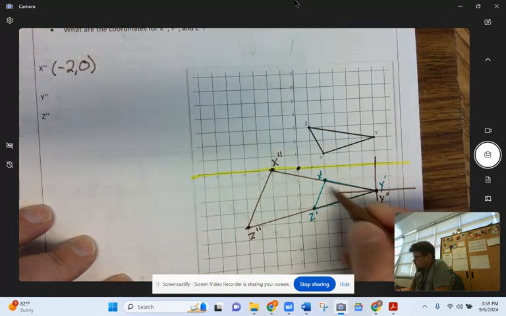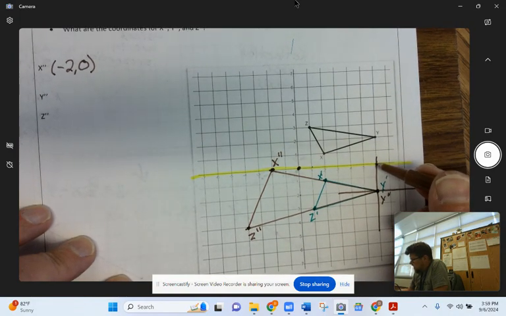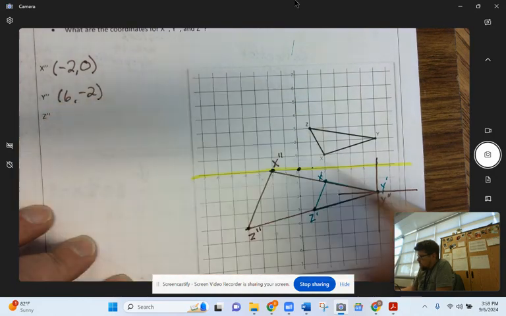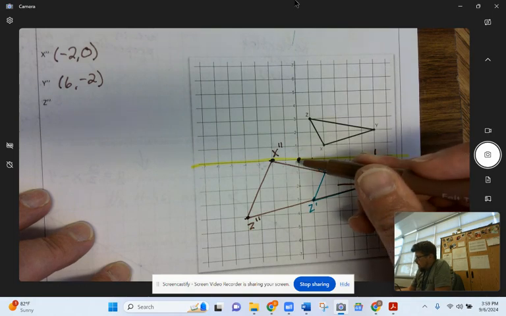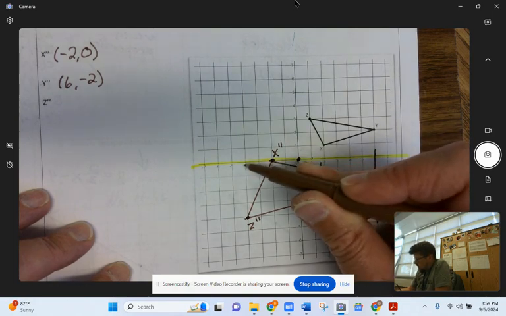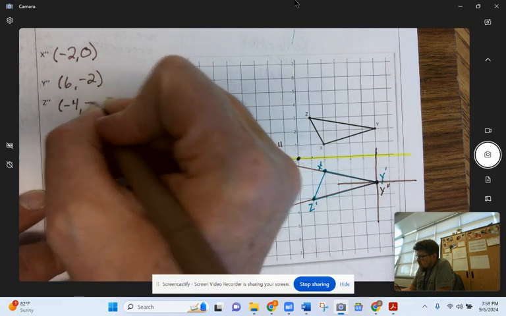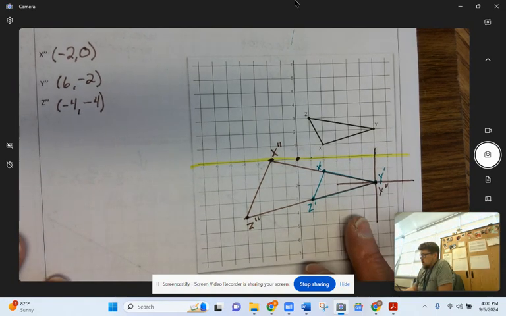And then y prime is, again, from here, right 6 and down 2. So 6, -2 for y double prime, the same point as y prime. And then, let's see, left 4, down 4 for z double prime, okay? Yeah, that's kind of how you figure that out.